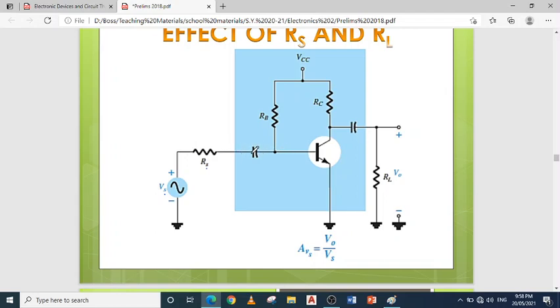Of course, meron tayong coupling capacitor na dito. Okay? So, kapag kinuha natin yung overall gain nito, we have AVS. Okay? So, kailangan guys, ang AVS is present na si RL and then si RS.